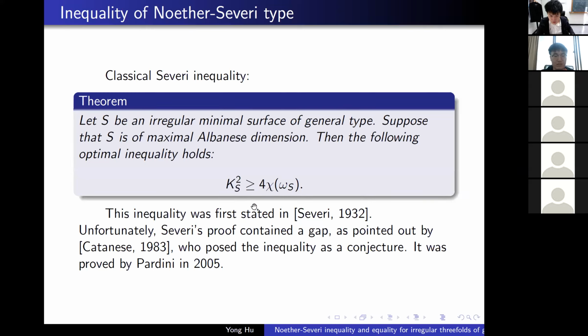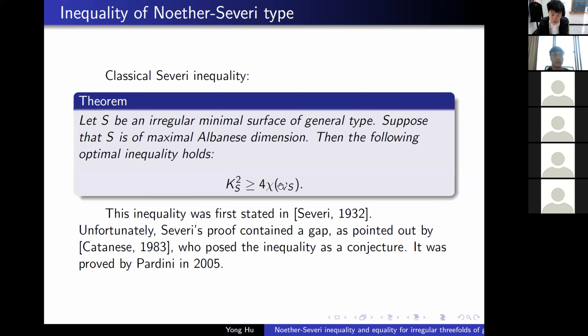This inequality was first stated in Severi's paper in 1932. Unfortunately, Severi's original proof contained a gap, as pointed out by Catanese in 1983, who posed the inequality as a conjecture, and it was finally proved by Pardini in 2005. So this is the so-called Severi inequality.